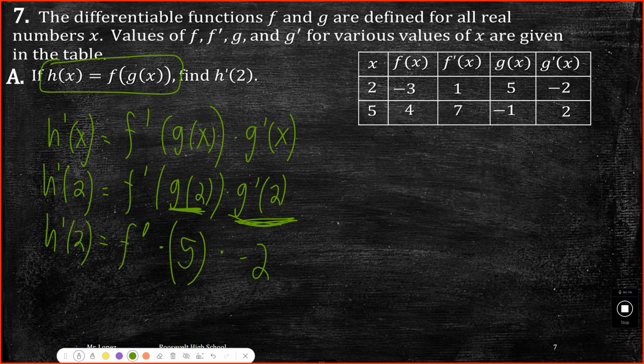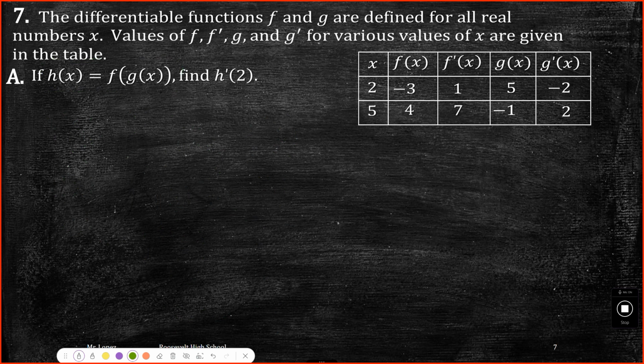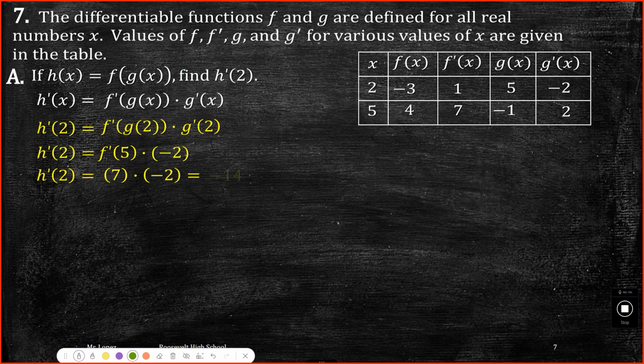What's f prime at 5? f prime at 5 is 7, and so it's going to be 7 times negative 2, which is negative 14. So h prime at 2 should be negative 14, or did I mess up?